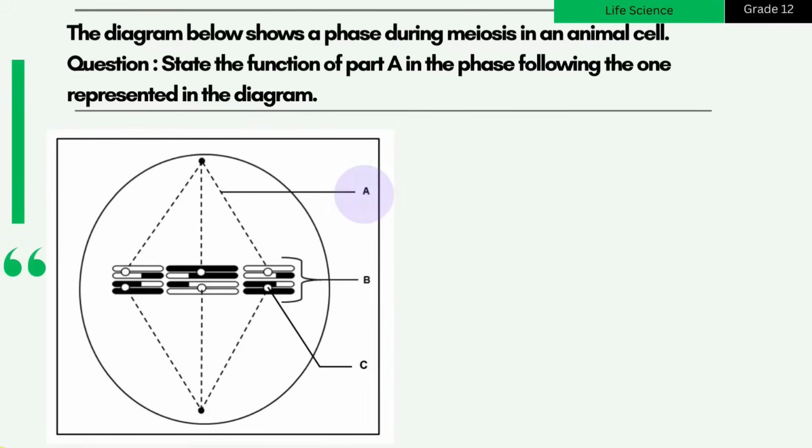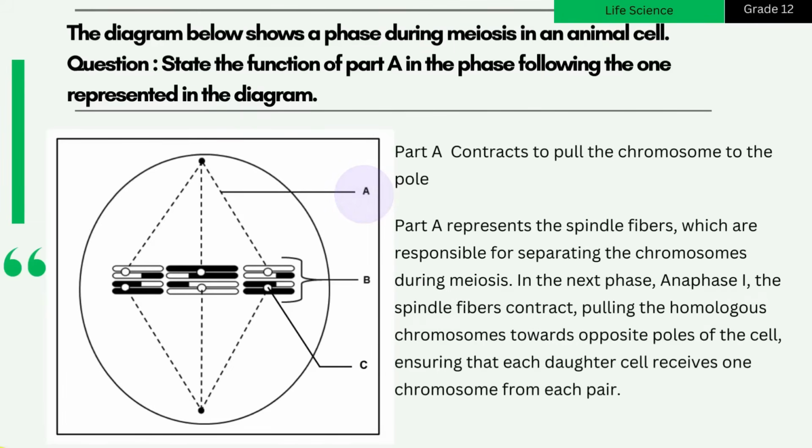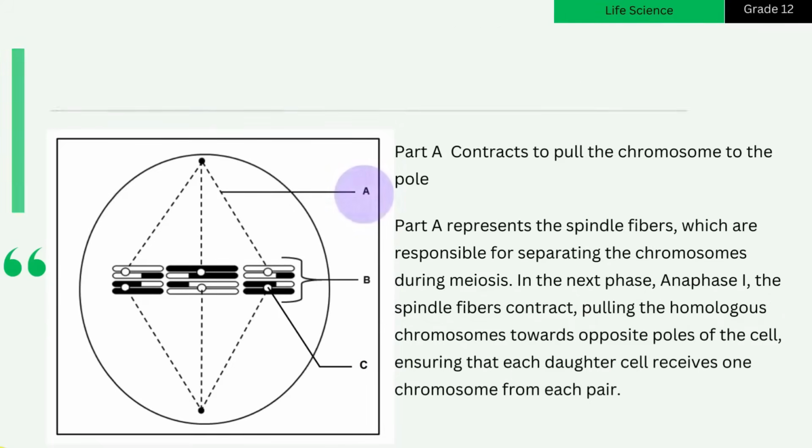State the function of Part A in the phase following the one represented in the diagram. Part A represents the spindle fibers, which are responsible for separating the chromosomes during meiosis. In the next phase, anaphase I, the spindle fibers contract, pulling the homologous chromosomes towards opposite poles of the cell, ensuring that each daughter cell receives one chromosome from each pair.